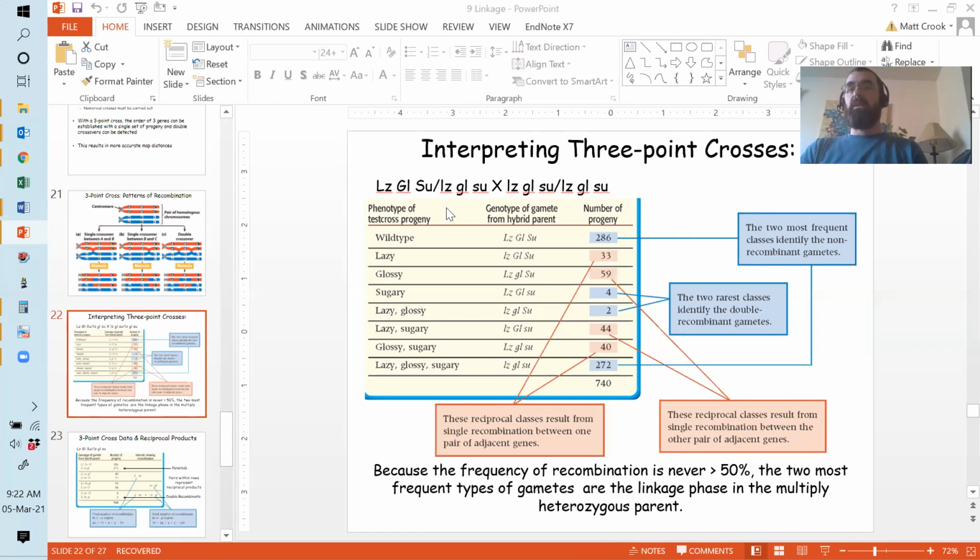We're using capital letters and lowercase letters. We go all over the place in terms of notation. It is what it is. And we have a homozygous recessive tester, so this is essentially a back cross, the same as what you're doing in lab with your flies.